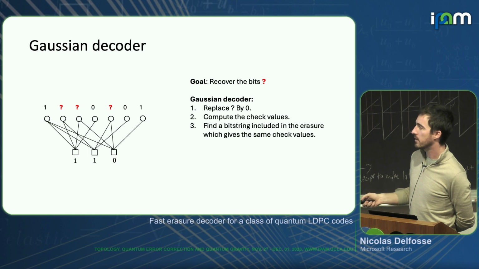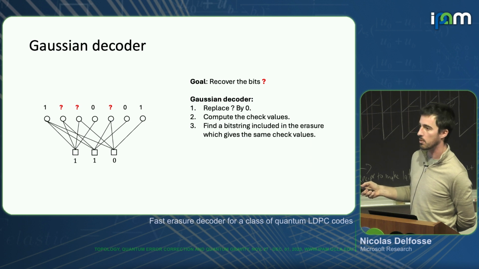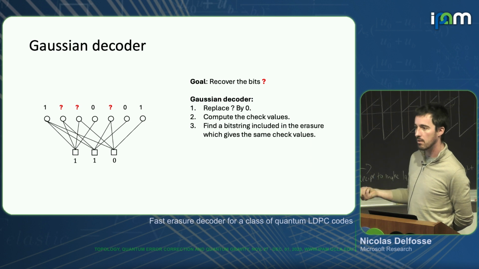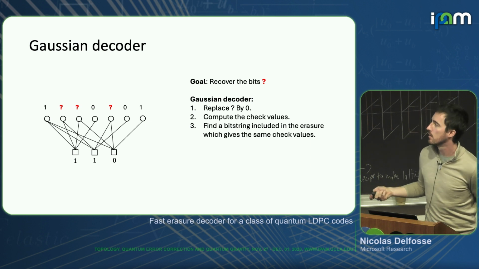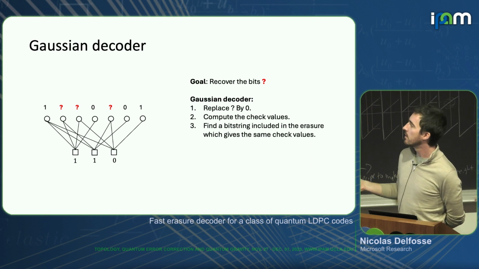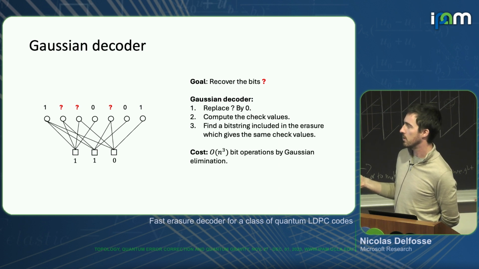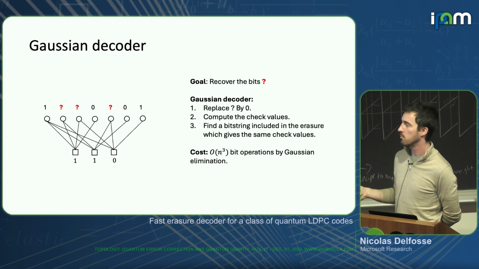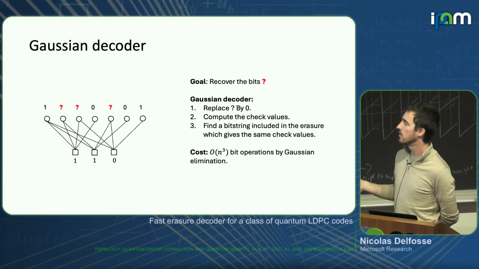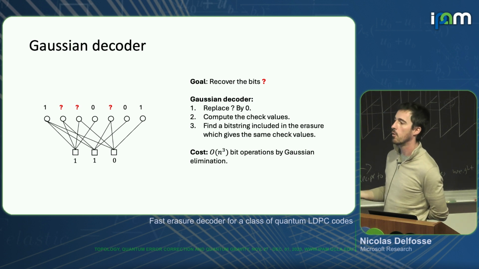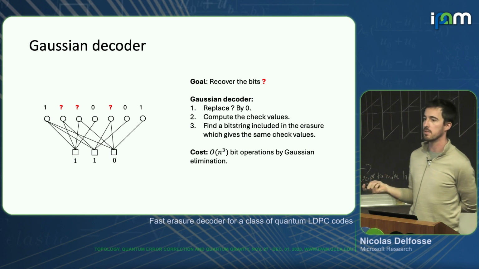Because if I get that, by adding this bit string to the question marks, I get valid checks. So I'm back to the code space. And this is how we correct. And this step 3 is actually Gaussian elimination. We solve a linear system. It's a bunch of linear equations. So we can do it in cubic complexity. Or better, but worst case cubic complexity.